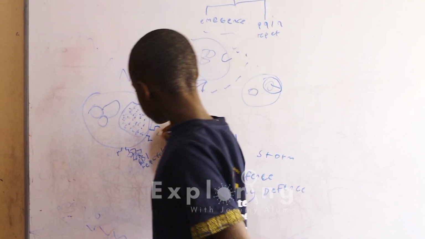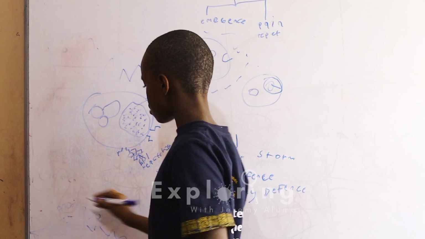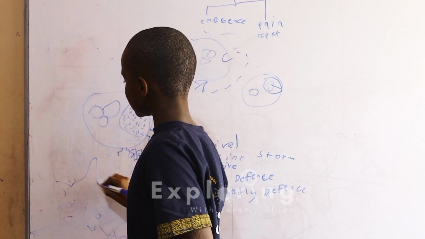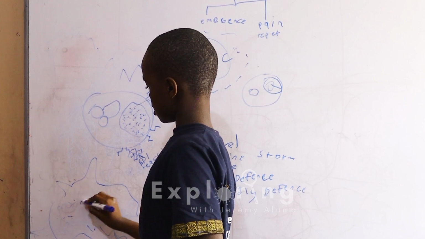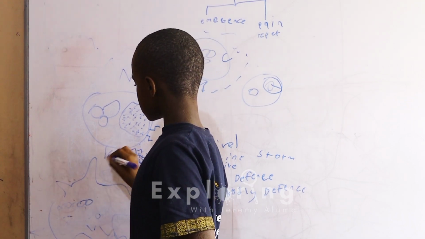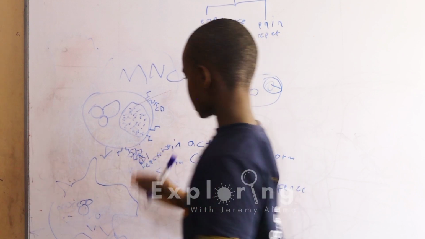If this comes in contact with, let's say, a normal cell, then the neutrophil attacks. It activates all of its defenses and kills the cell. In this sense, the neutrophil turns from passive to aggressive.